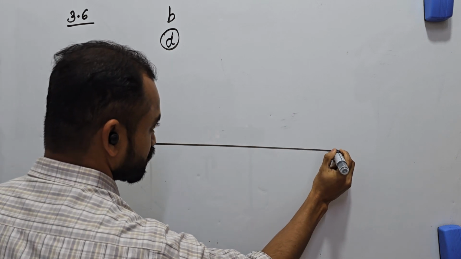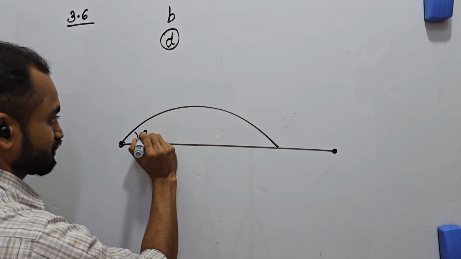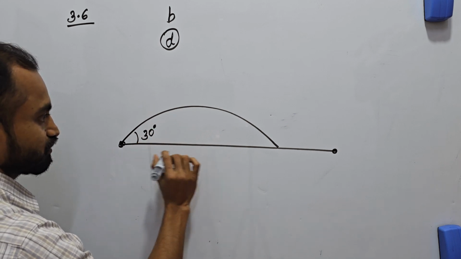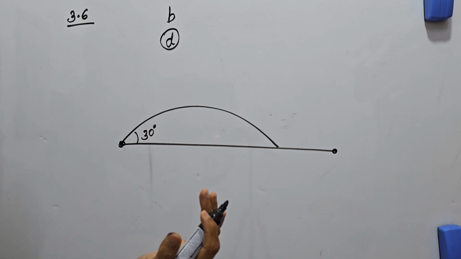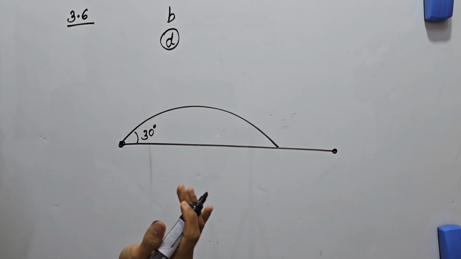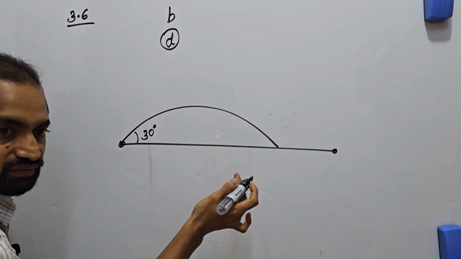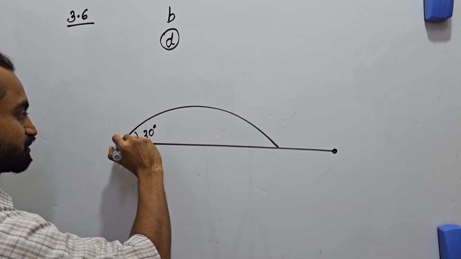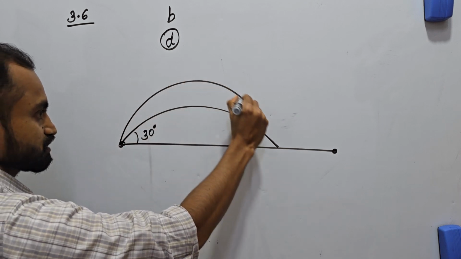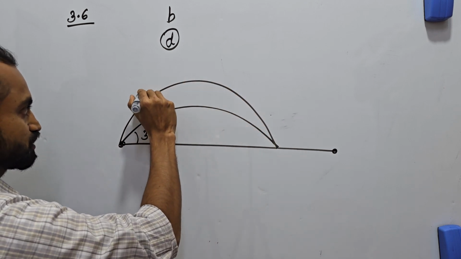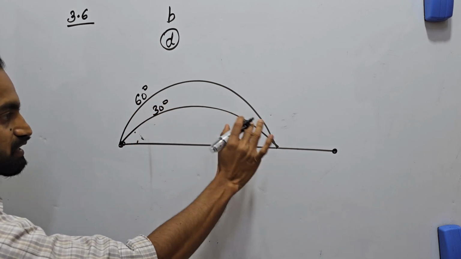For example, if I launch at an angle of 30 degree, I am getting this horizontal distance. Then what is the other angle for the same range? 90 minus 30, right? What is 90 minus 30? 60. Okay, for 60 degree and for 30 degree we are getting the same distance.